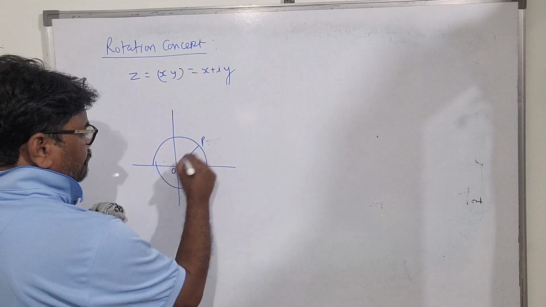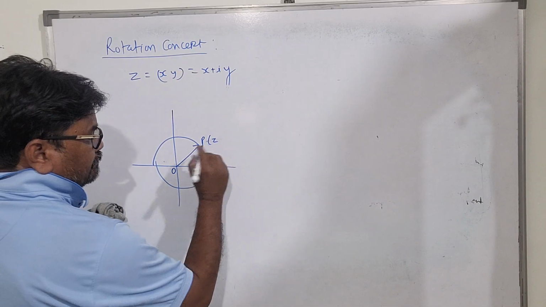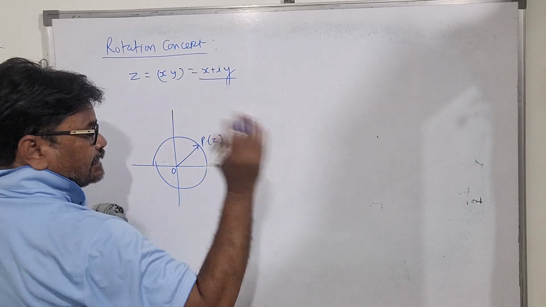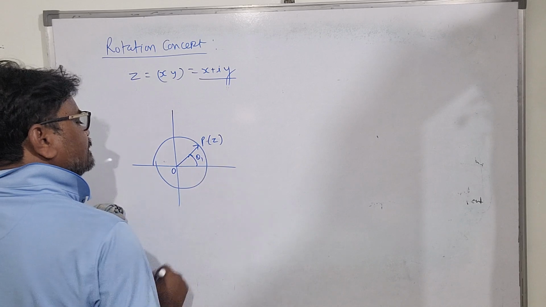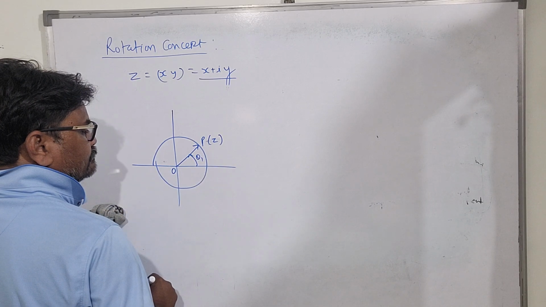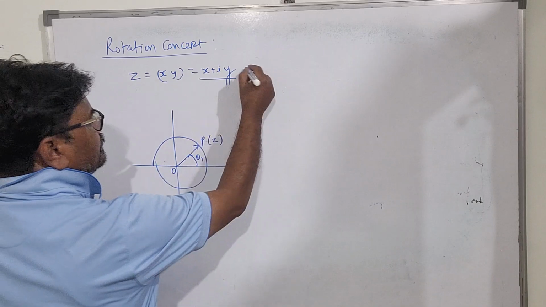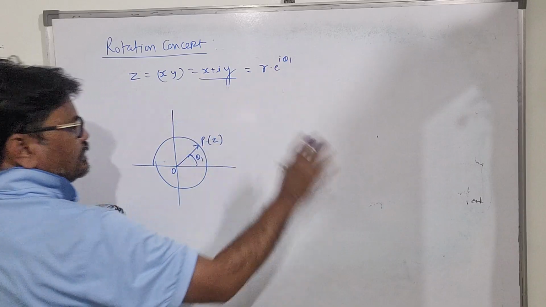So this vector OP, this point P, is represented by the complex number Z. Z is given by x plus iy in Cartesian form, but if its argument is theta 1 and modulus is r, then I can write Z equal to r into e^(iθ1), which we all know.